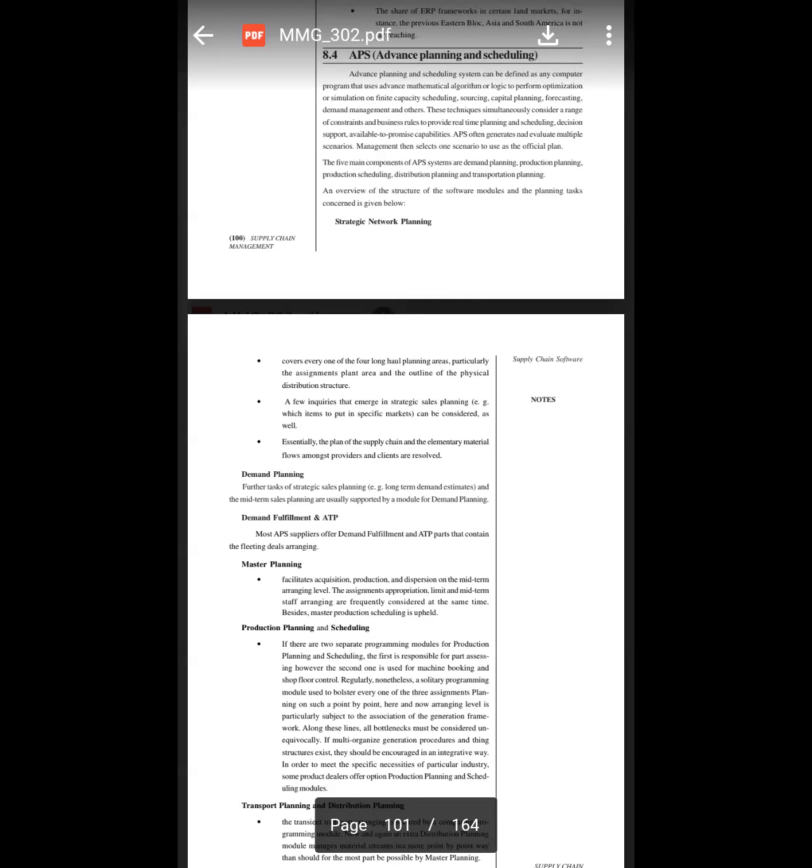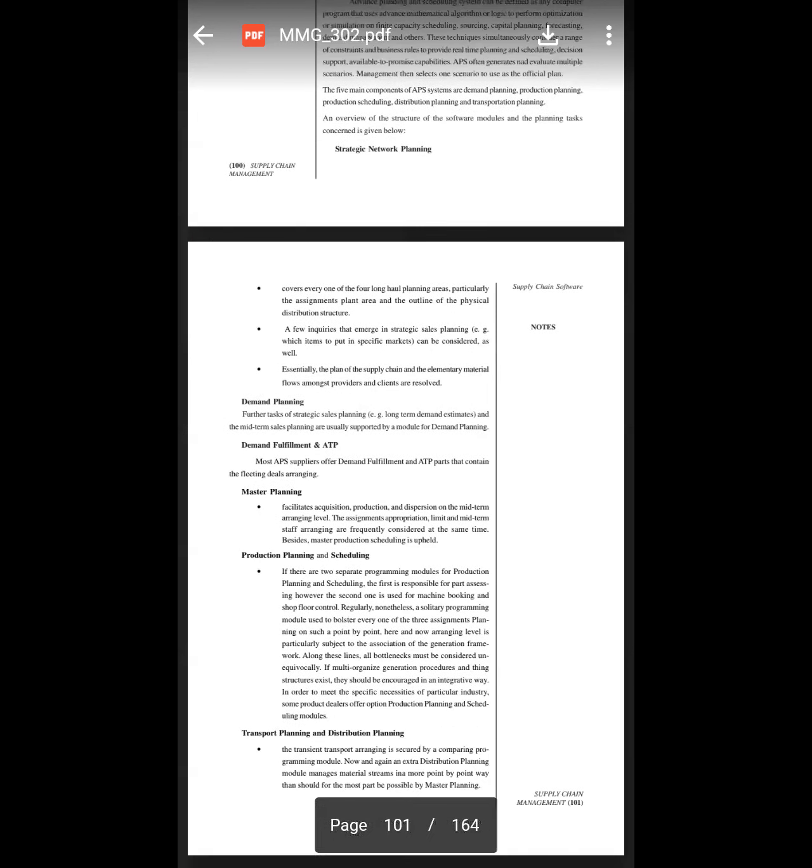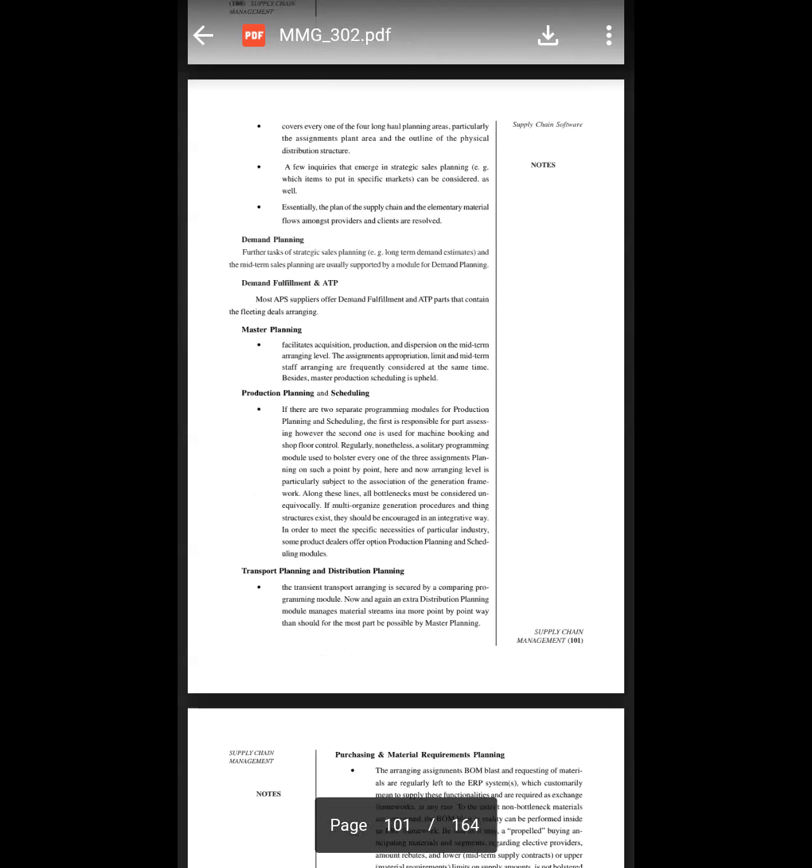Essentially, the plan of the supply chain and the elementary material flows between providers and clients is resolved. Now, demand planning. Further tasks of strategic sales planning, long-term demand.